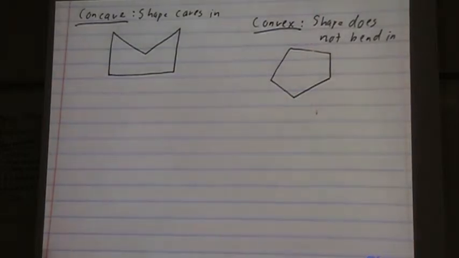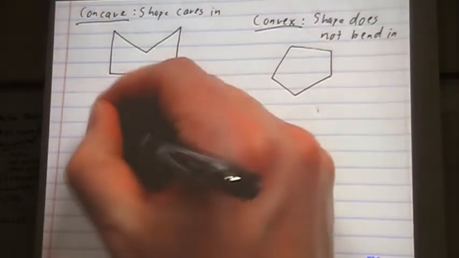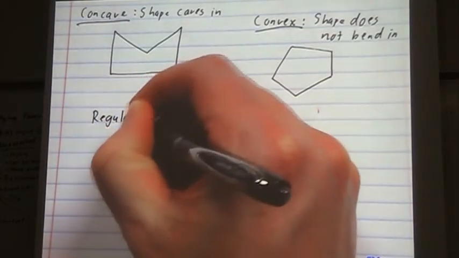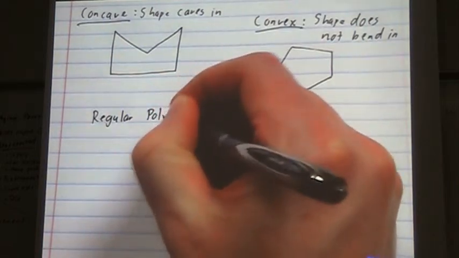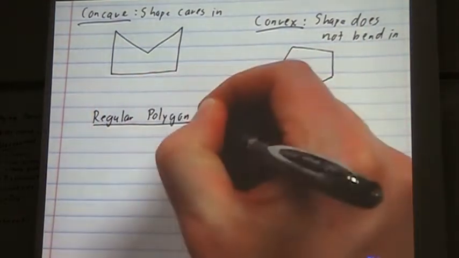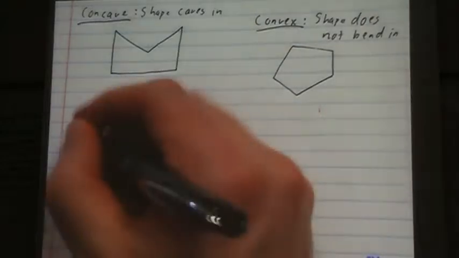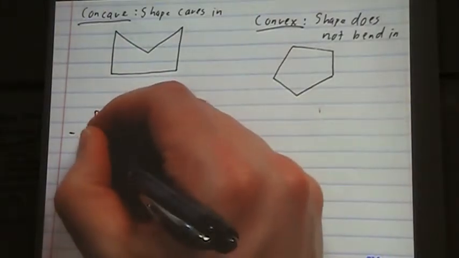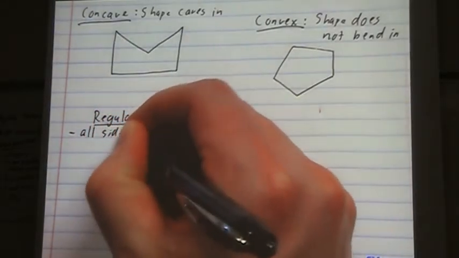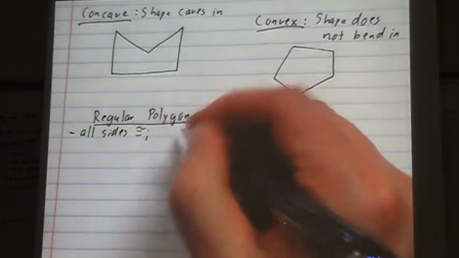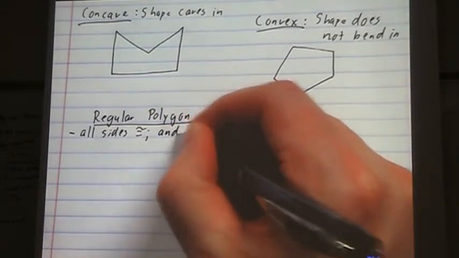And another term is the term regular. A regular polygon. What a regular polygon means is all sides are congruent and all angles are congruent.